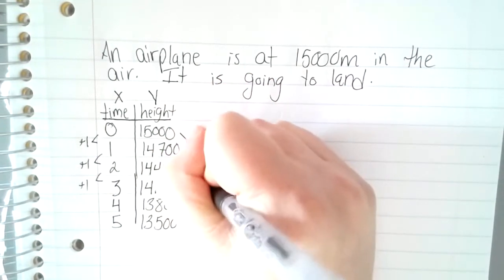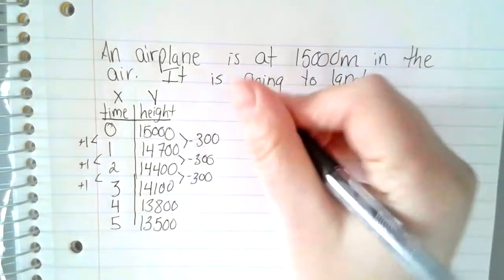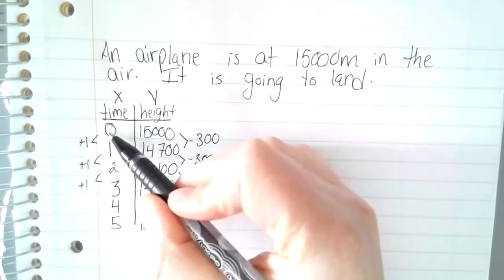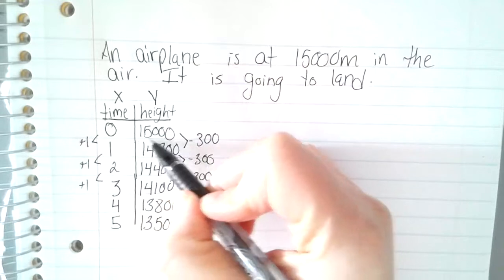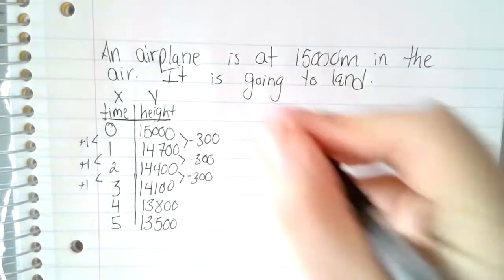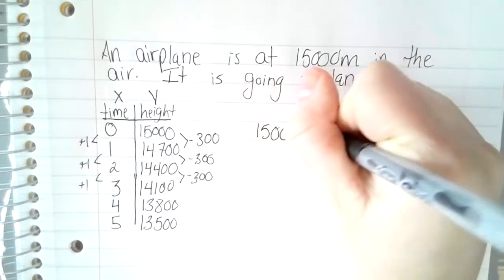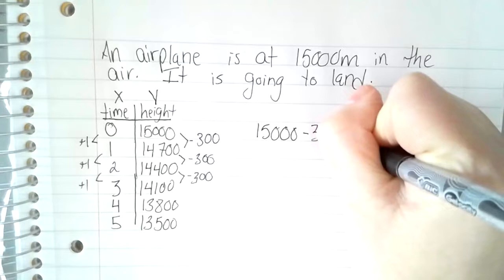Those are two things that you might want to keep in mind when you're writing an expression or an equation. In this case, where I'm noticing the values going down each time, that's something I'm going to need to take into consideration when I'm writing it. In this particular situation, since I know at 0 minutes it's at 15,000 meters in the air, it's 15,000, and I'm going to subtract 300x from this.